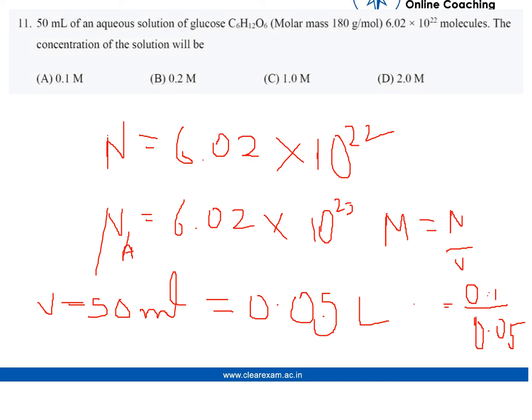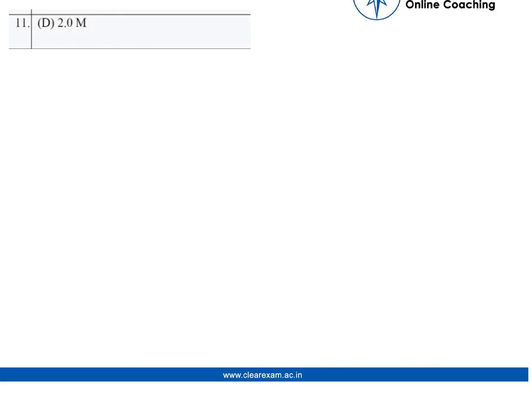Just a second, I made one mistake over here. It is not capital N, it is small n. So molarity, after dividing 0.1 upon 0.05, is 2. So the capital M is equal to 2. So the answer is 2 molar.